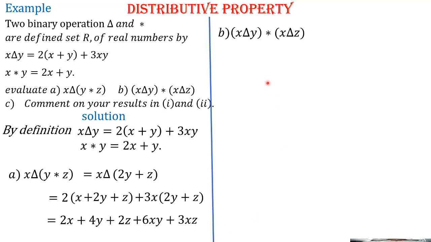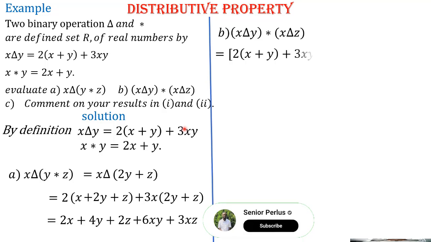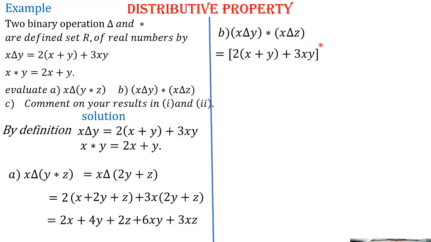So let's solve for the b. This is our b. Now, we will deal with the bracket first. We have two brackets, so let's start from the first one. Our S operation this triangle y. So we use the first definition, and S operation y is the same as this, right? So we just repeat that one there, straightforward. Now S operation the triangle here, Z. So here, what have I changed?